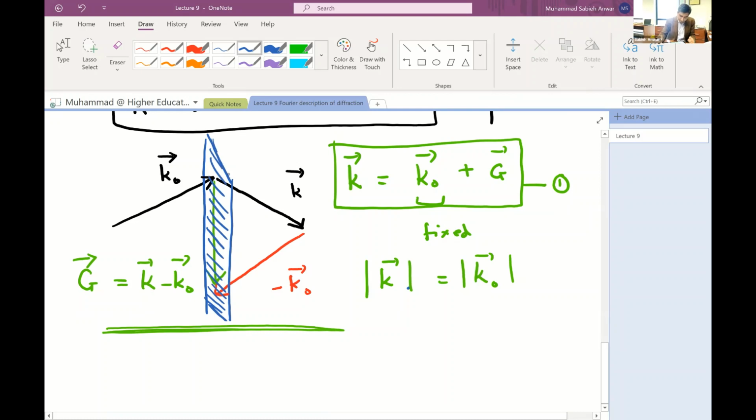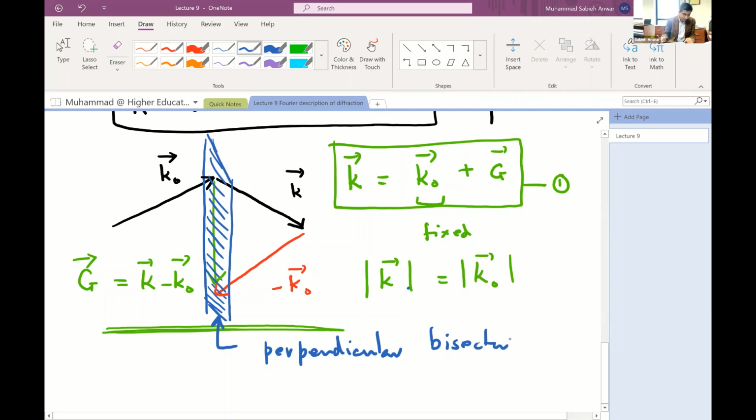And the tip of the vector K naught touches the tip of the vector K. If these lengths are always the same, the length of K is always the same as the length of K naught, so I can draw a plane which becomes a perpendicular bisector of K and K naught.